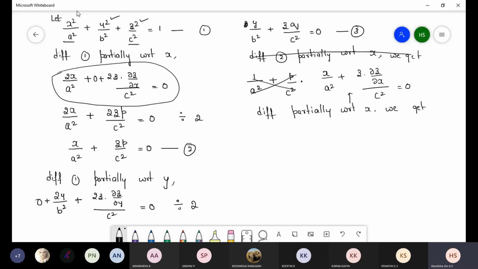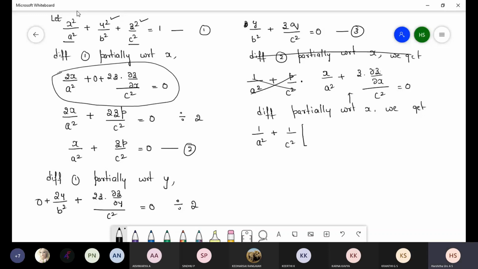So what we have to write? Differentiation of x partially is 1 divided by a square, plus, here 1 by c square I will write outside. Here z and dou z by dou x, two terms are there, so we have to apply the product rule.